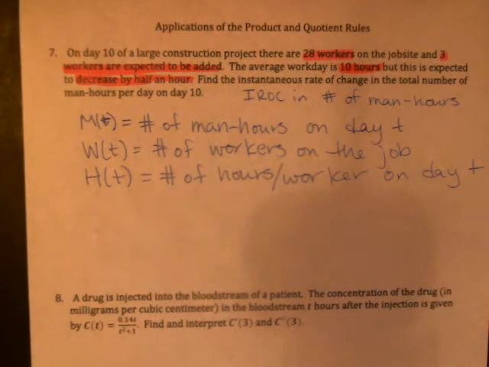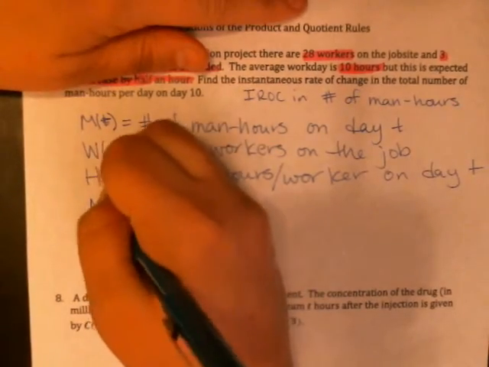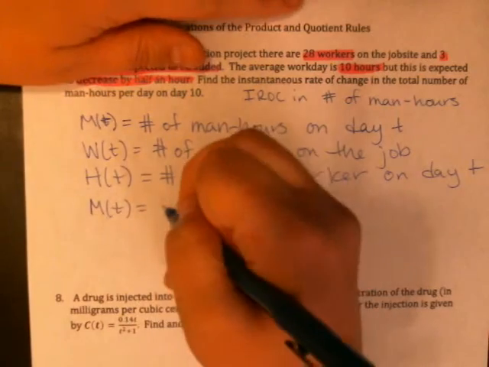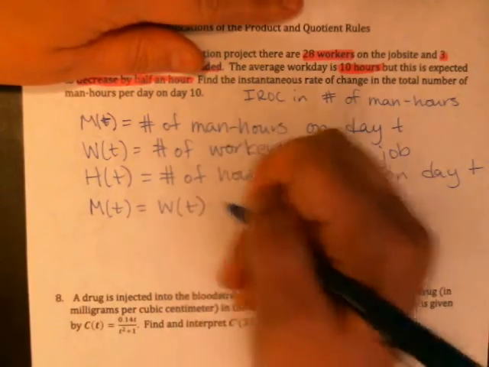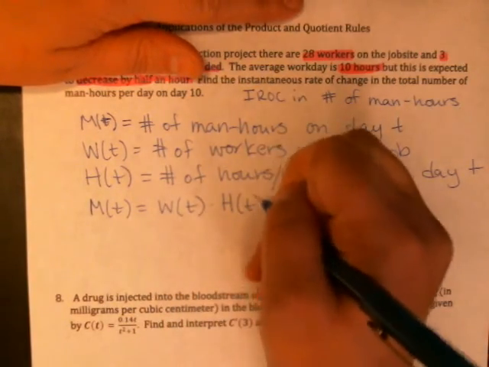And units should help you if you're ever stuck on this. So we'll say M of T is the number of workers multiplied by the hours per worker.